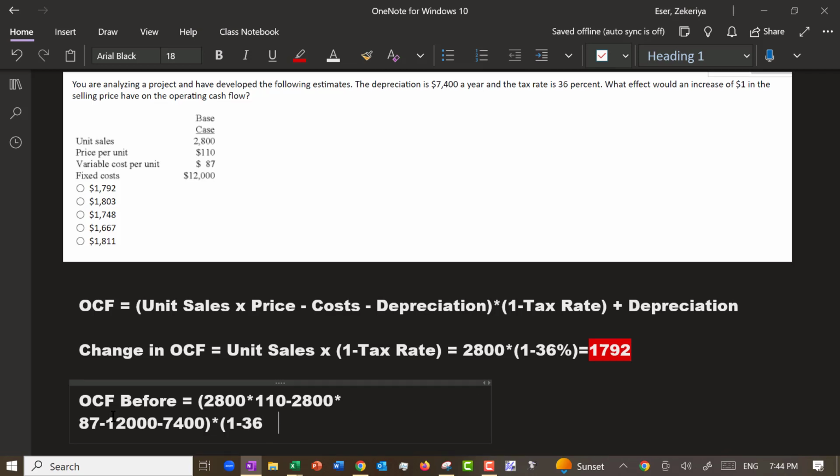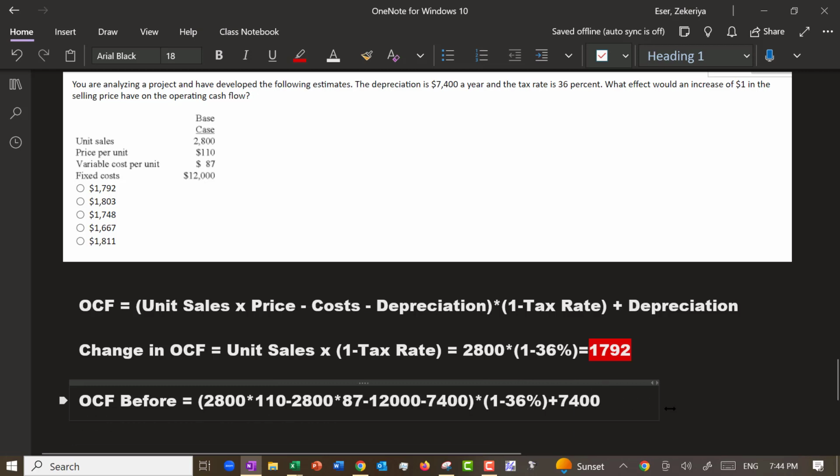I'm going to keep everything the same except I'm going to make that 111.